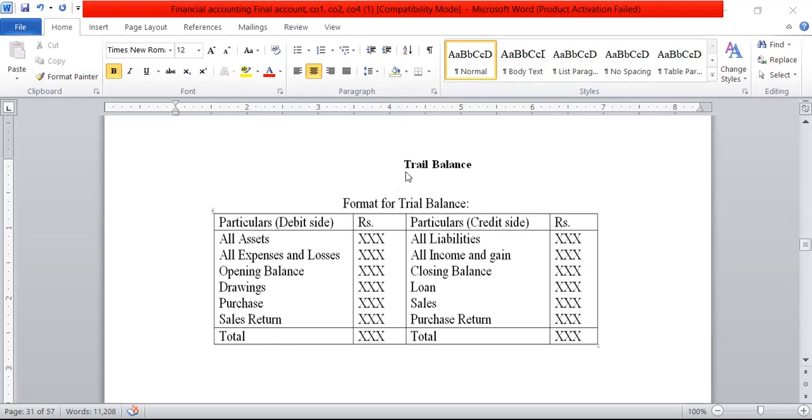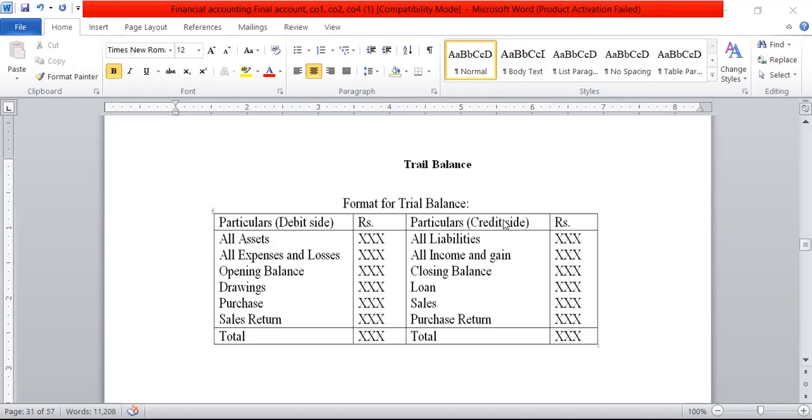So coming to trial balance, it is a T-shaped balance statement. Coming to the debit side: all assets, all expenses and losses, opening balances of stocks, drawings, purchases, sales returns. These are shown in the debit side of the trial balance.